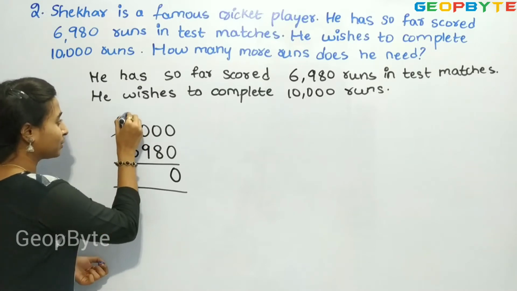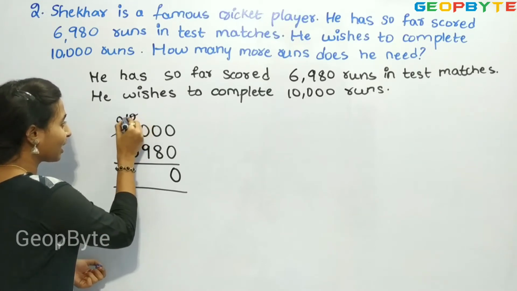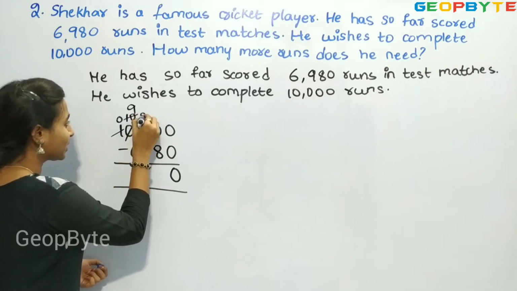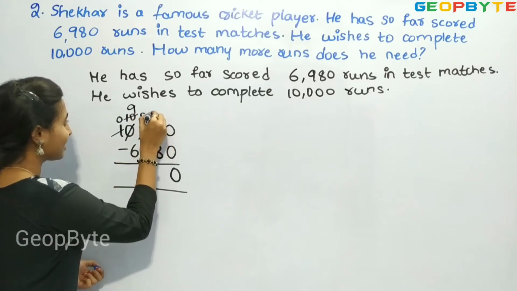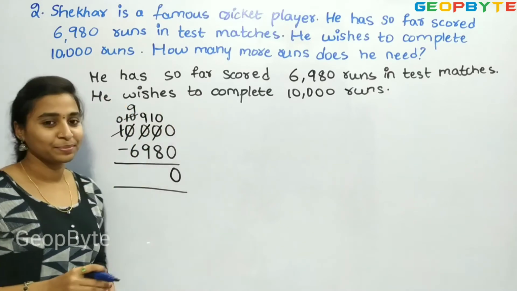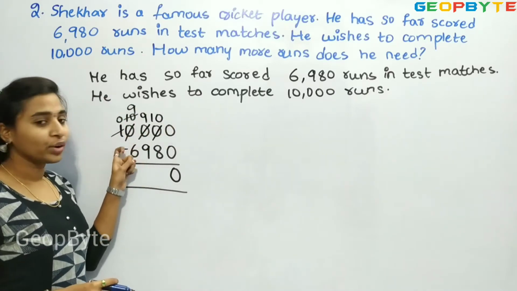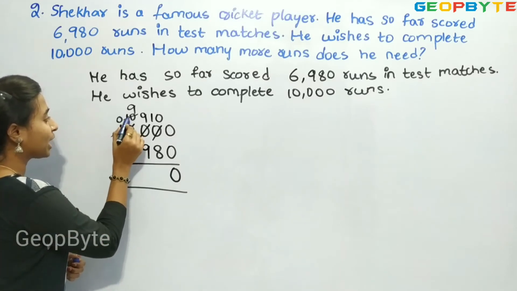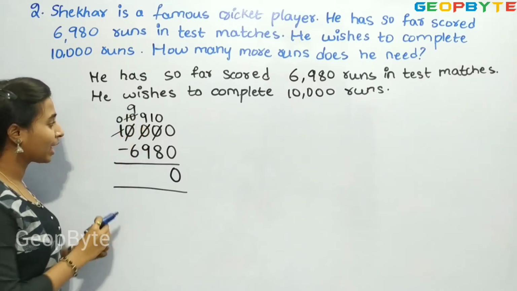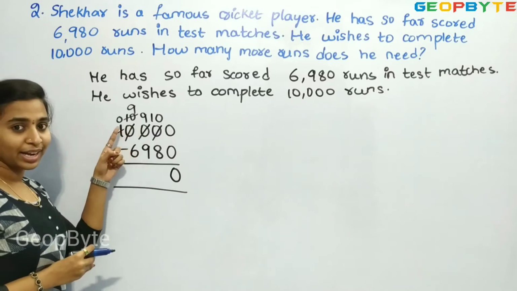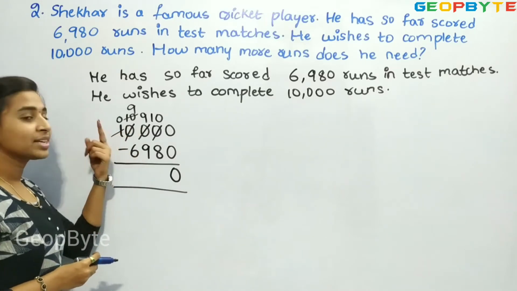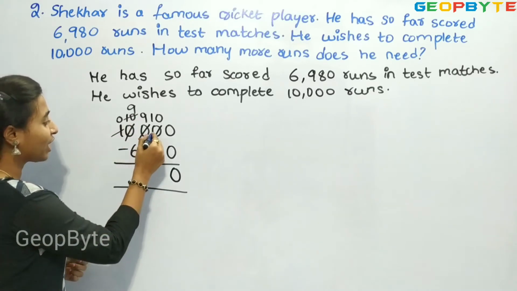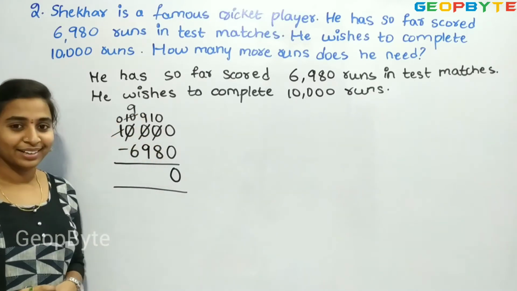This 0 becomes 10. And again it becomes 9. This 0 becomes 9. And this 0 becomes 10. As we are borrowing further, that is why here 0 became 10 and then 10 became 9. Here also directly 0 means 10, again 10 becomes 9. Here finally 0 became 10.